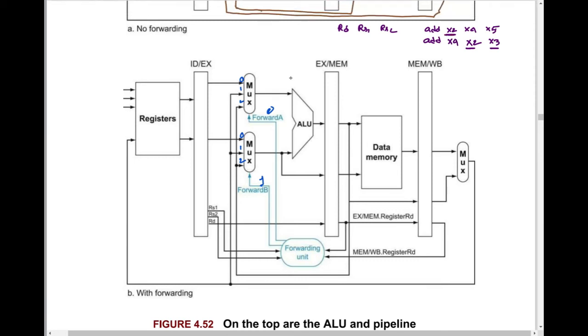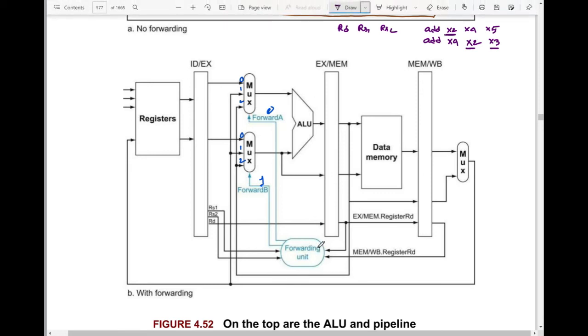Now assume the forwarding unit is in the execution stage. So the information of the second instruction is what the forwarding unit checks. The information of the first instruction is stored in this register, and this register is storing the information of the second instruction, right?